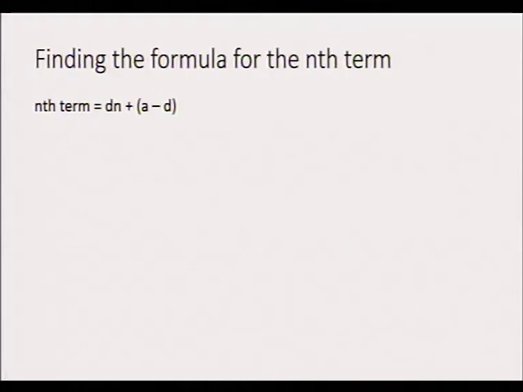The formula that I want you to know is dn plus, you put a bracket, a minus d, you close your bracket. If you know that formula, it becomes very easy for you to find any nth term. Now, what do we mean with this dn plus brackets a minus d?